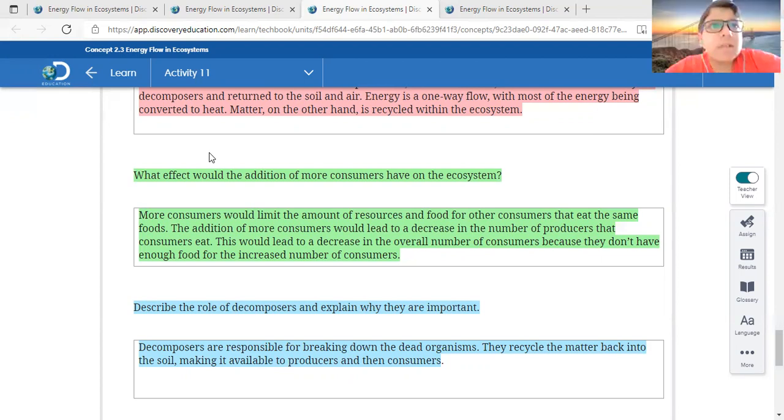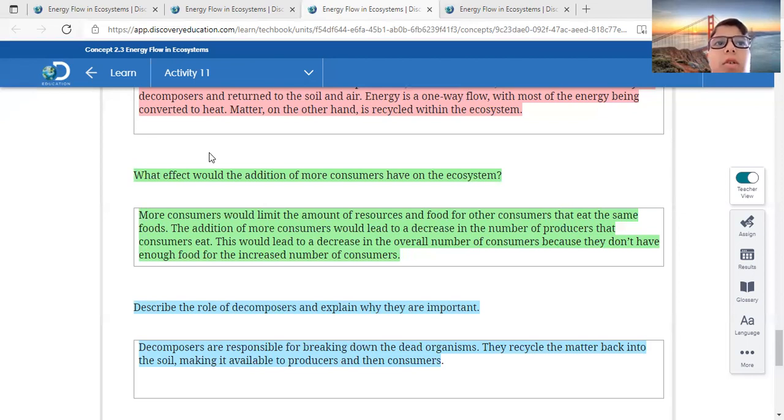What effect would the addition of more consumers have on the ecosystem? More consumers would limit the amount of resources and food for other consumers that eat the same foods.